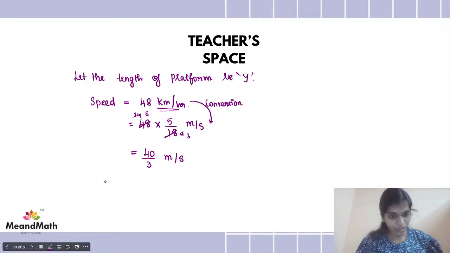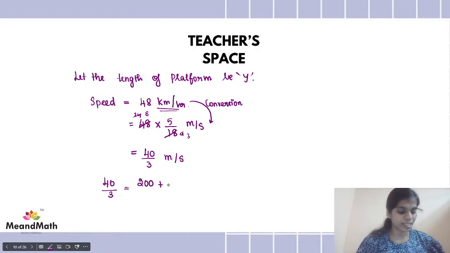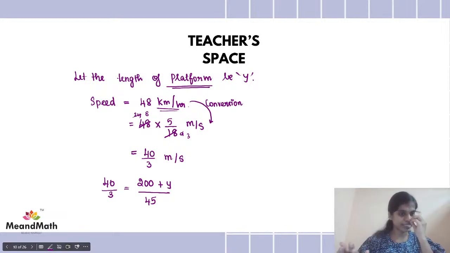Is it clear? So this is the speed to find the length of the platform. So 40 by 3 equals (200 plus y) divided by 45 seconds. Here y is the length of the platform, and we need the time it takes to cross that platform.